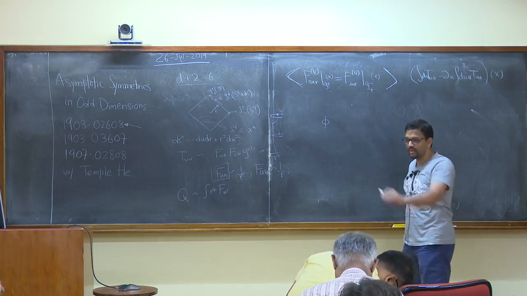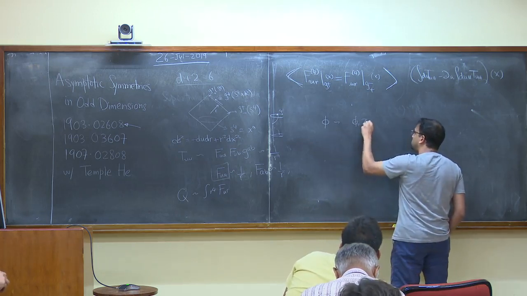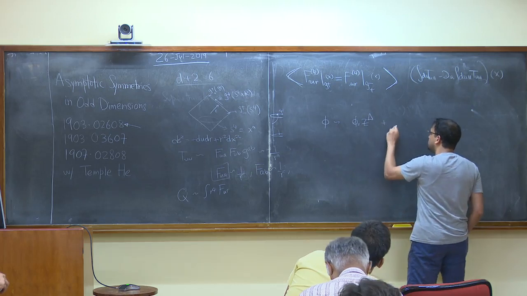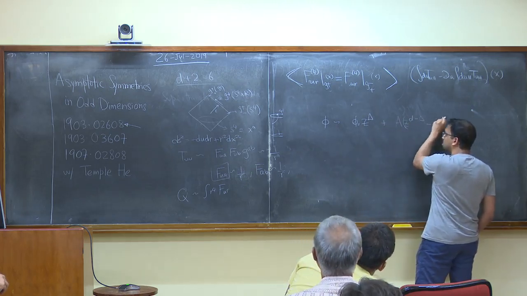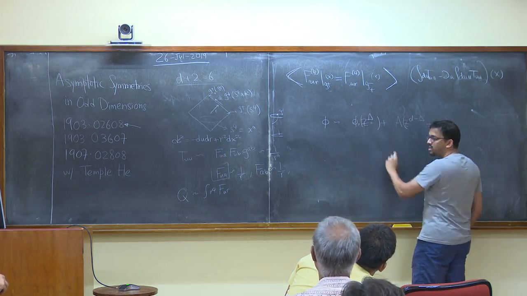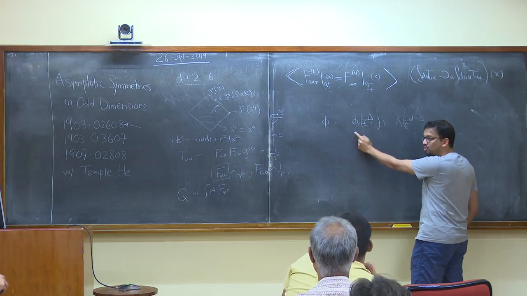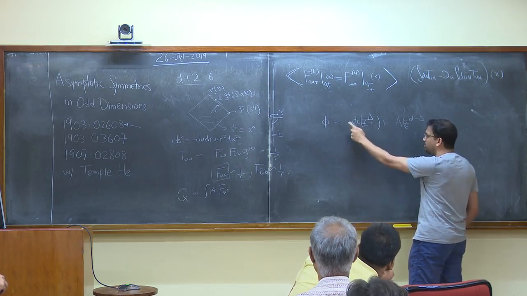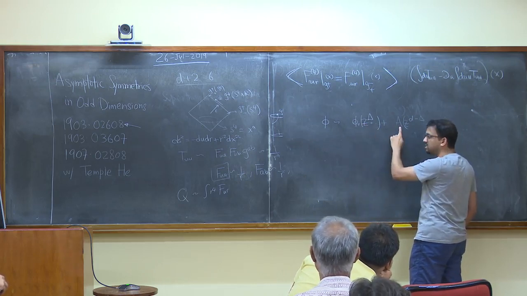The equation of motion will never be able to relate those 2 constants. Those 2 constants are something like phi naught z to the delta plus a z to the d minus delta, plus of course additional terms. Equations of motion will never fix phi naught and a; they'll never relate these 2. But we know that in a normalizer, this is the only data that you have, and this is fixed in terms of that. How do we fix this? This is fixed by regularity.